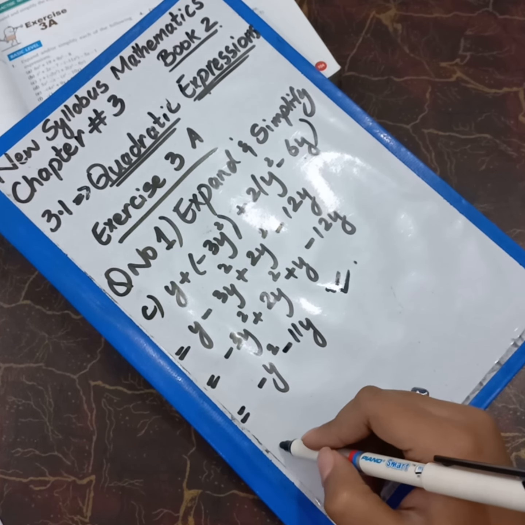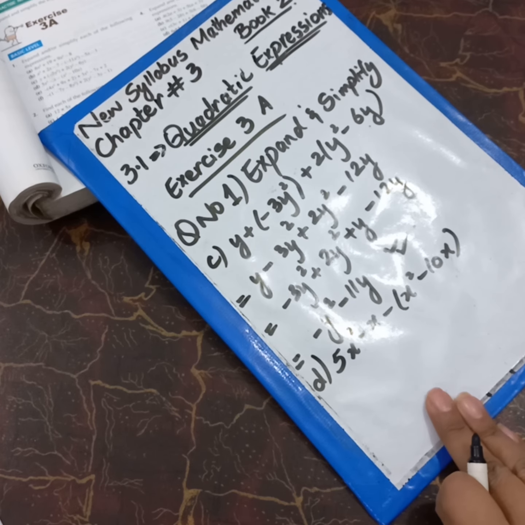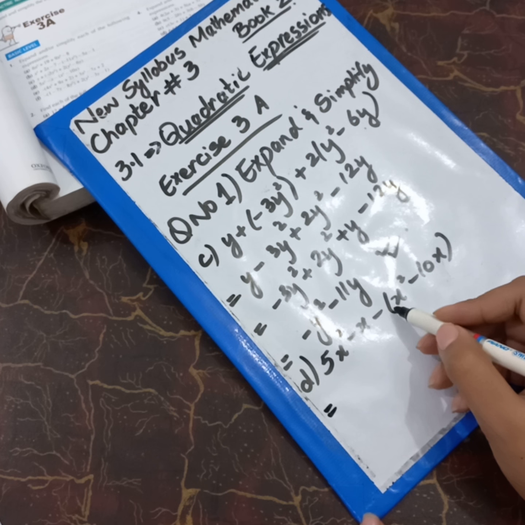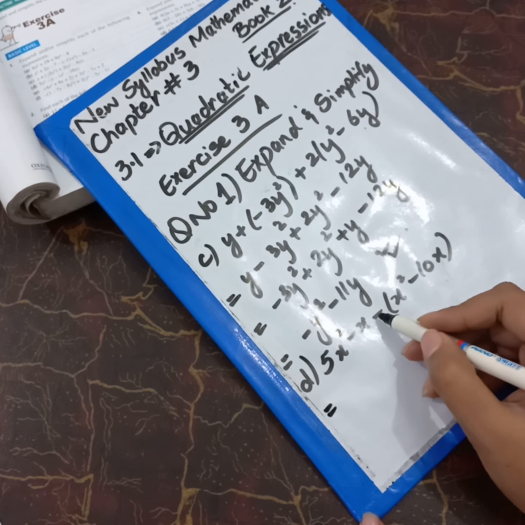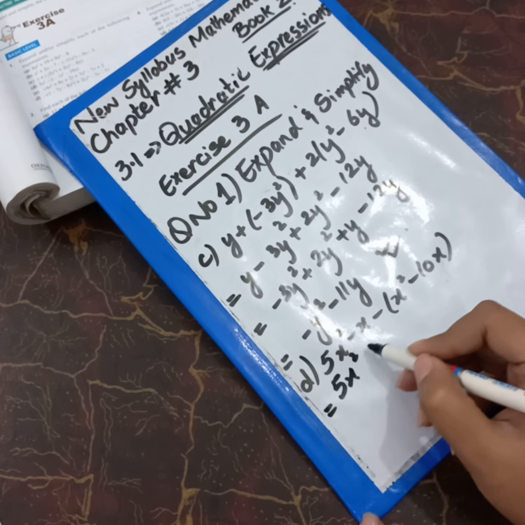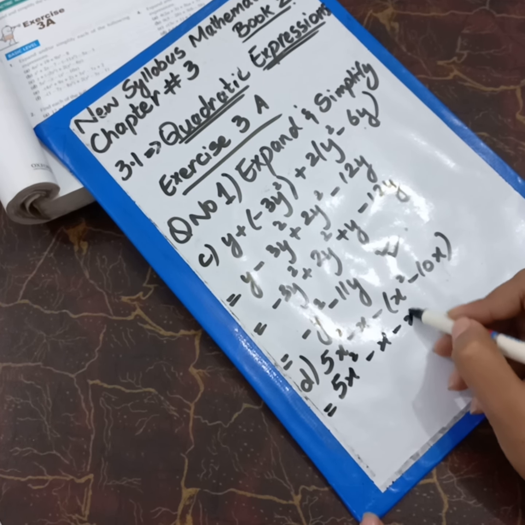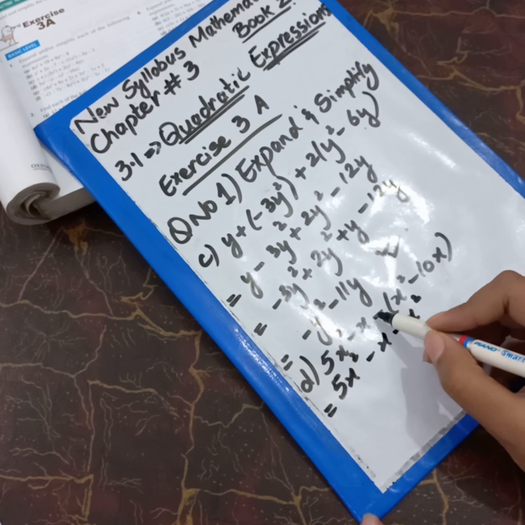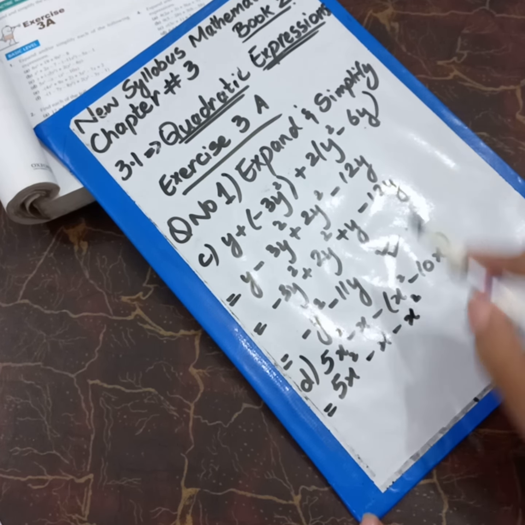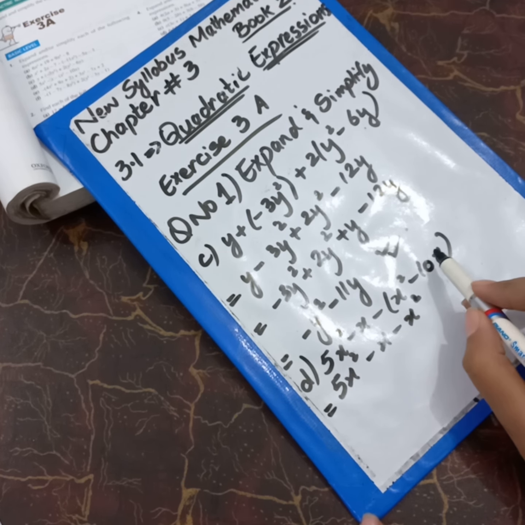Moving towards D part. In D part again you can see a negative sign is there outside the bracket, so we have to expand it first. So while opening the bracket, 5x square minus x square. Now as in the previous question, 2 was being multiplied inside, here the minus sign is outside, it will be multiplied inside with each of the terms.